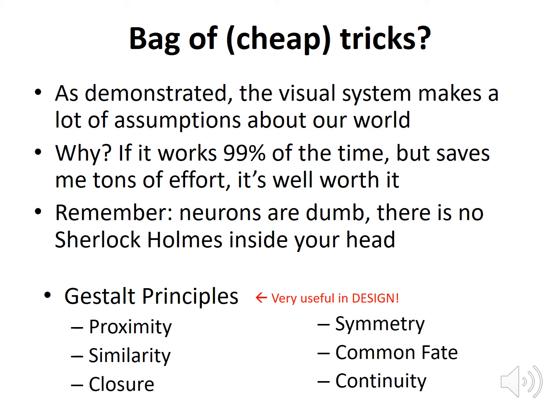Generally, there are a certain amount of Gestalt principles, I have mentioned them before, that help us humans to perceive our world. And we can go through them one by one. There are a lot more than the six which are introduced here: proximity, similarity, closeness, symmetry, common fate, and continuity.